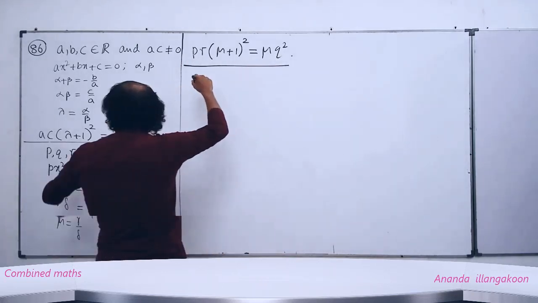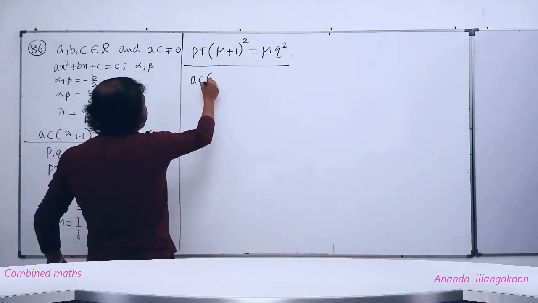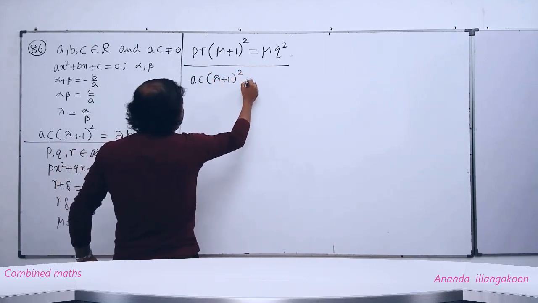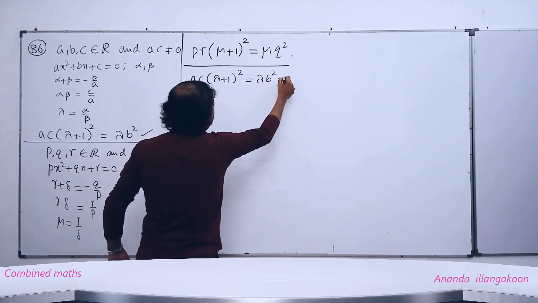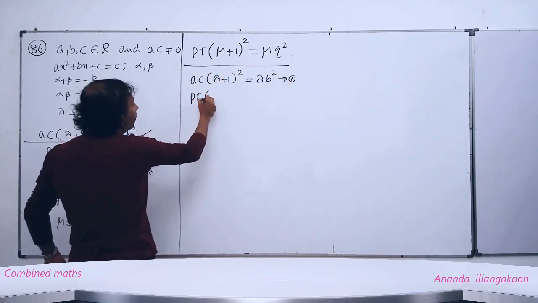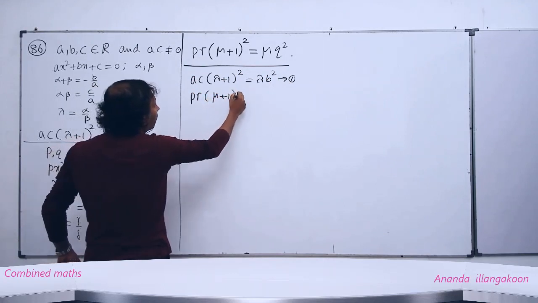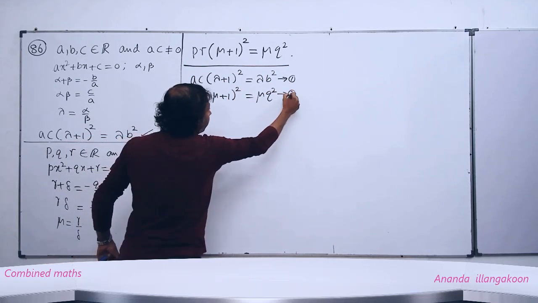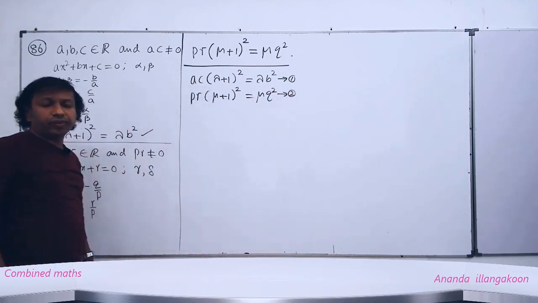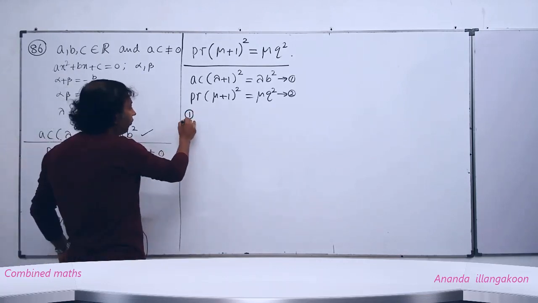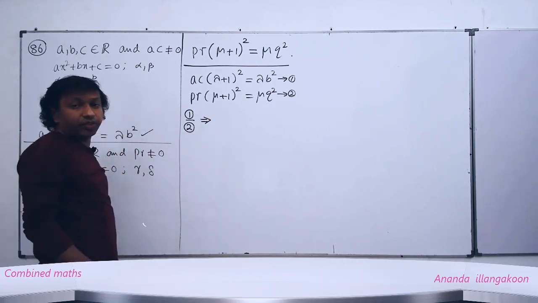I am going to take this result, AC times lambda plus 1 perfect squared equals lambda B squared, as number 1, and this one, PR times mu plus 1 perfect squared equals mu times Q squared, as number 2. Okay. Now I am going to divide 1 by 2.